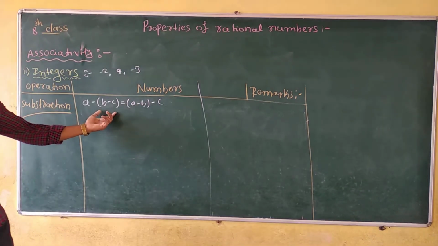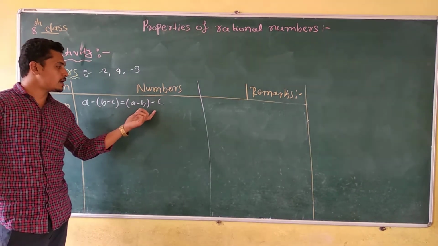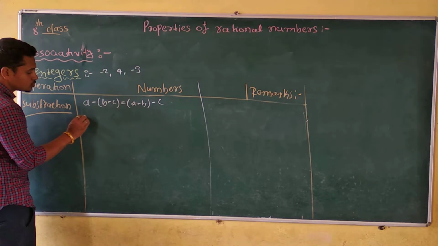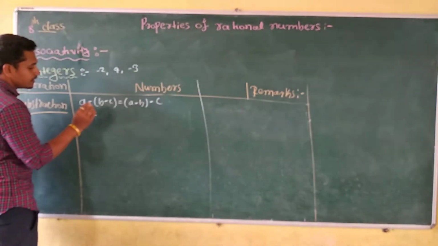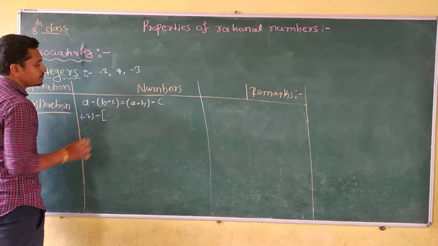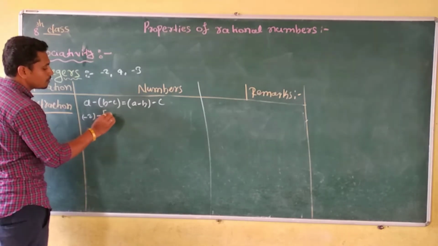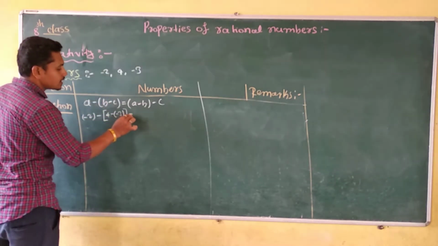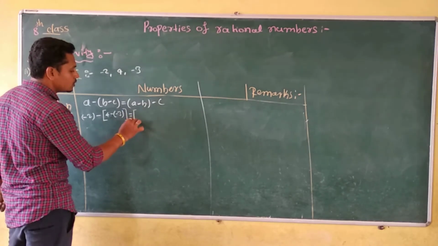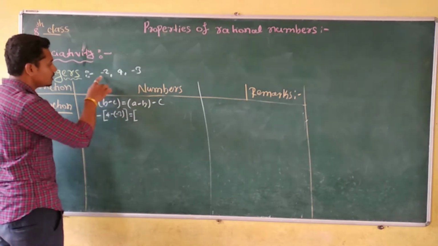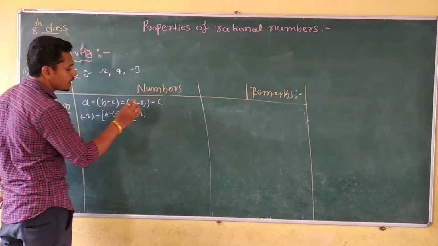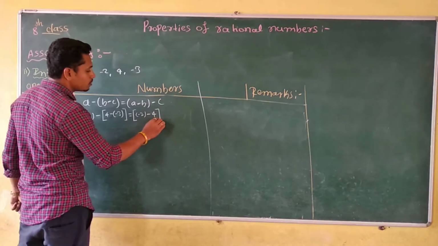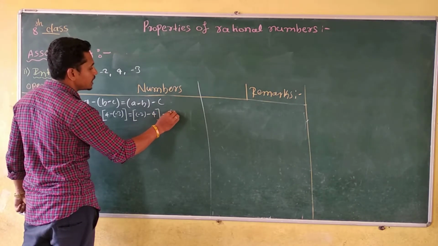So take a is equal to -2, b is equal to 4, c is equal to -3. The left side is -2 minus (4 minus (-3)), and the right side is (-2 minus 4) minus (-3).